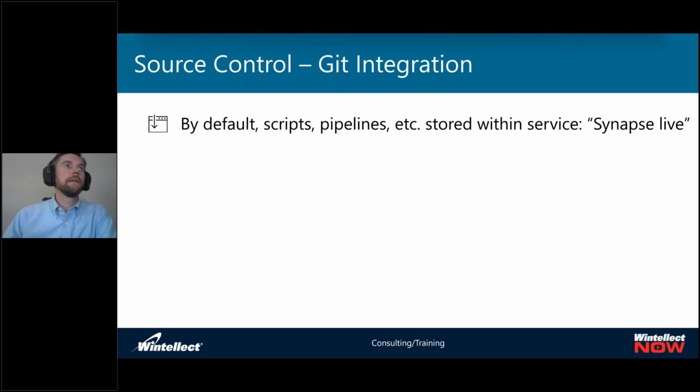All right, the last thing here, before we get into the hands-on section, I think, is source control. By default, everything you do in Synapse Analytics is saved within the service, and that's called Synapse Live. So all your scripts, pipelines, it's saved. You do what's called publish after you make changes to your SQL scripts or notebooks, and they'll be published to Synapse Live.